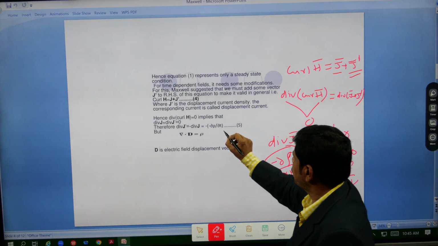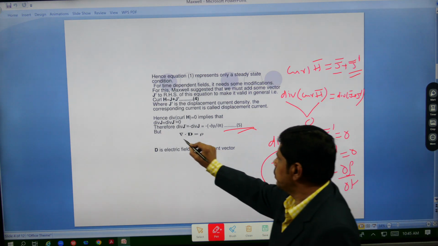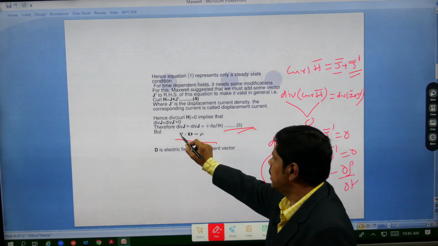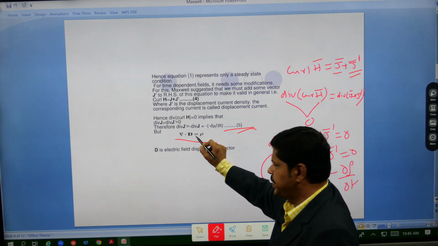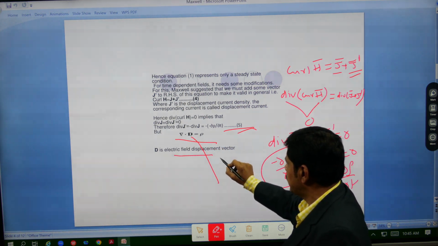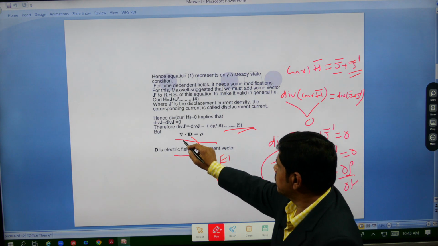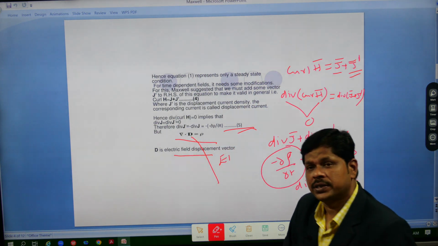So this is the fifth equation. But from Gauss law we know that del dot D, the divergence of D, where D is the electric field displacement or electric flux density, is equal to the volume charge density rho.